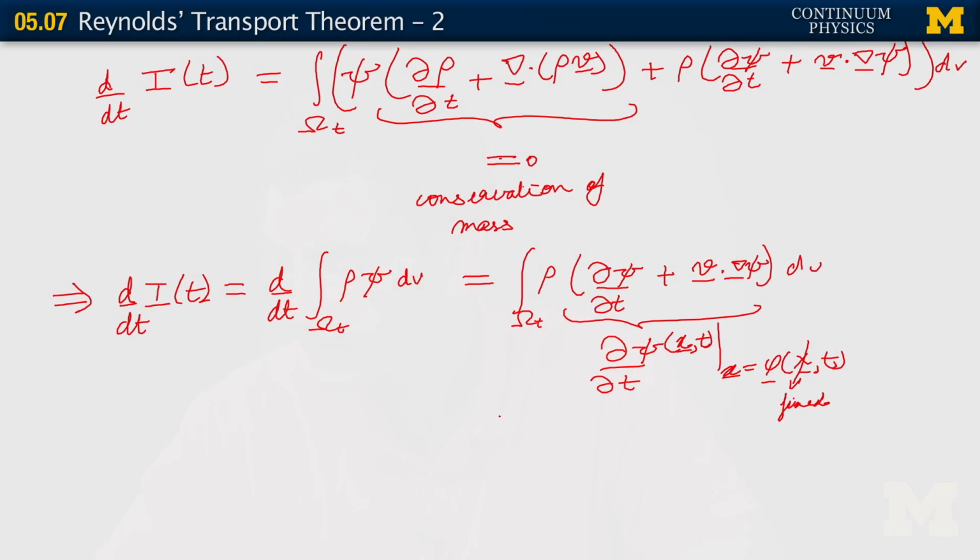It can be further simplified when we observe that the product rho with dv gives us a mass element.